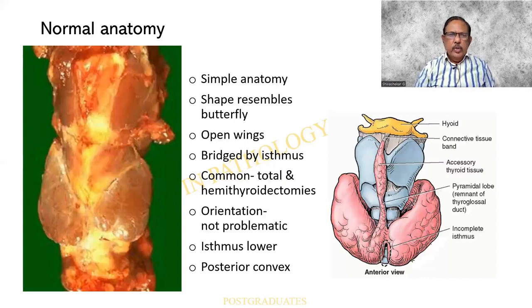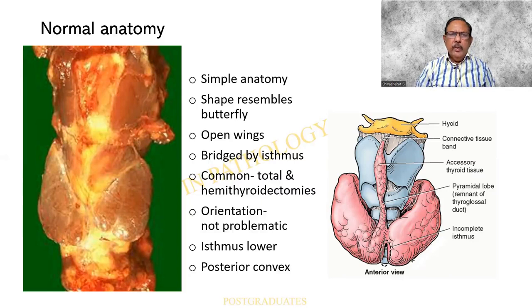Now, thanks to WebPath, this is the normal anatomy. So, you find that it is quite simple. The organ is butterfly shaped with open wings, bridged by means of the isthmus. And there are certain common terms such as total and hemithyroidectomies.